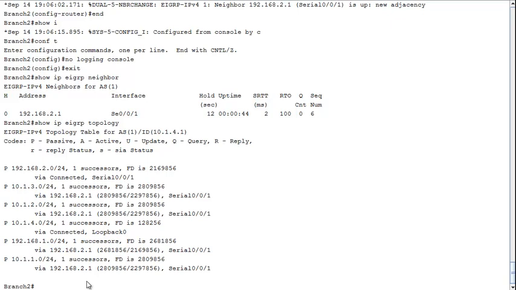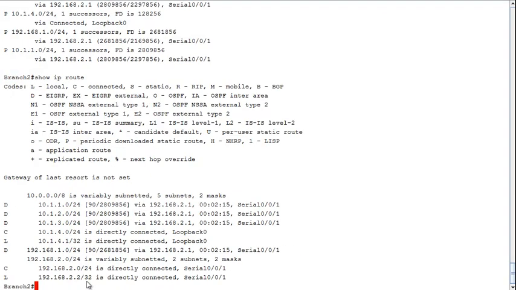Now our routing table contains all of our best routes. If we have multiple routes to the same destination, remember the one with the best feasible distance, or the best metric, will be put in our routing table. So show IP route. Okay, and these are our routes too. D signifies it's using EIGRP.